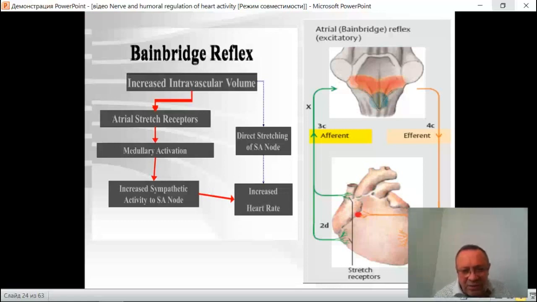Direct stretching of SA nodes gives the effect of increased heart rate. This information you can see on the scheme of connection of the heart with vasomotor centers. You have a picture with the Bainbridge reflex.